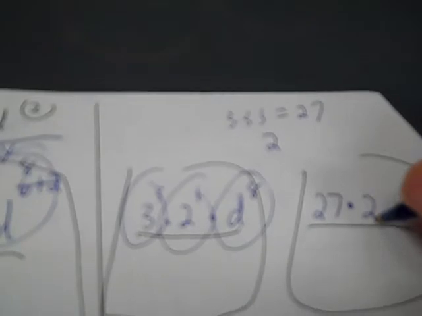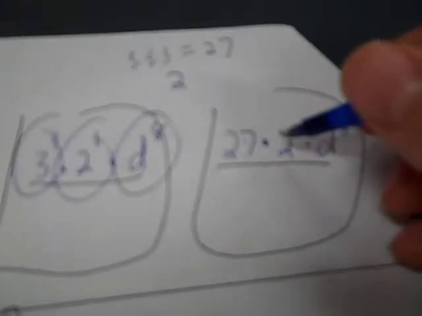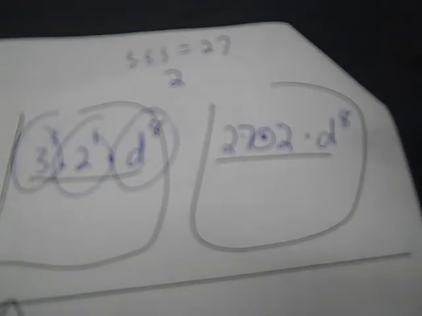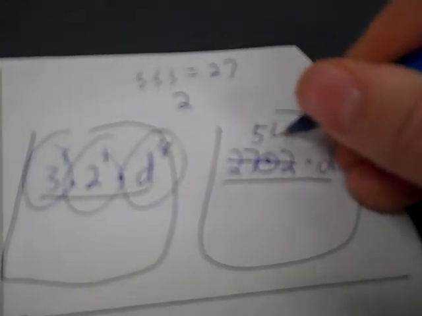So 3 to the 3rd is replaced in the same place with 27. 2 to the 1 is 2, so that would be replaced with 2. And then the D can't really be replaced. So these two factors ended up on top, so you need to do that multiplication operation here. 27 times 2 is 54. So we have 54 times D to the 8th power.